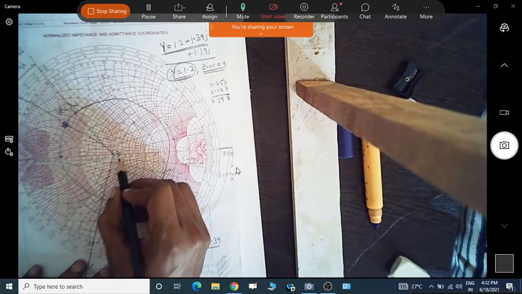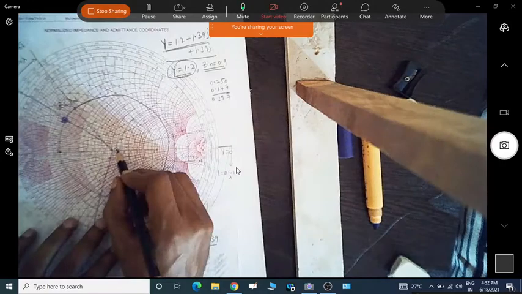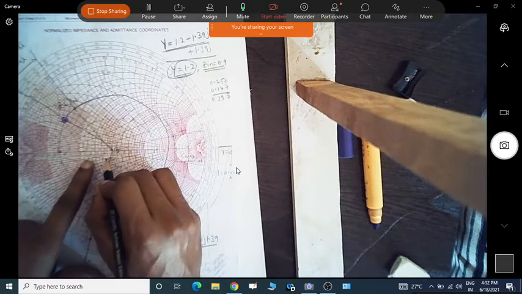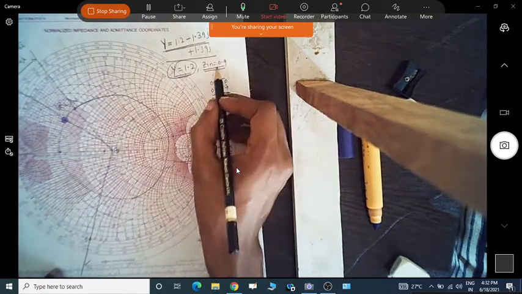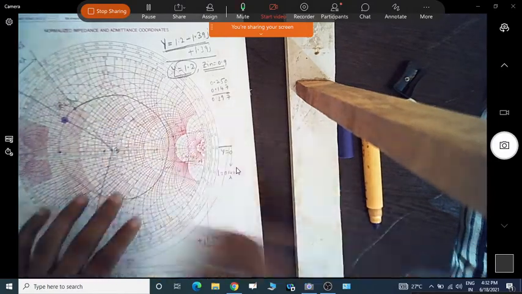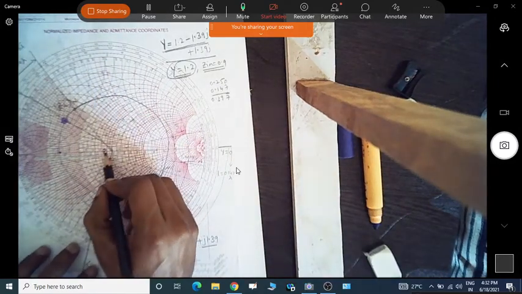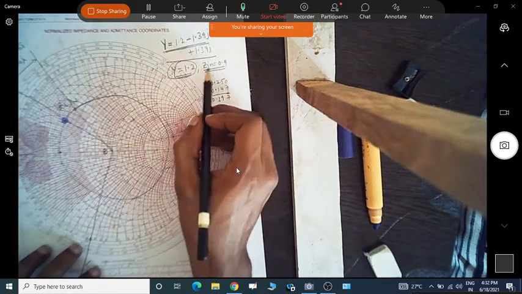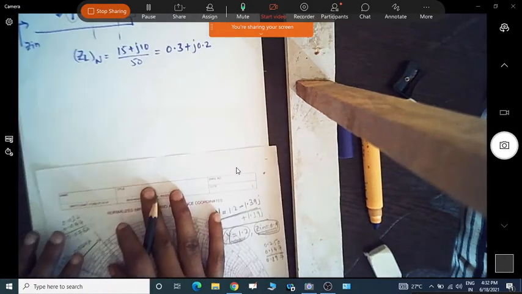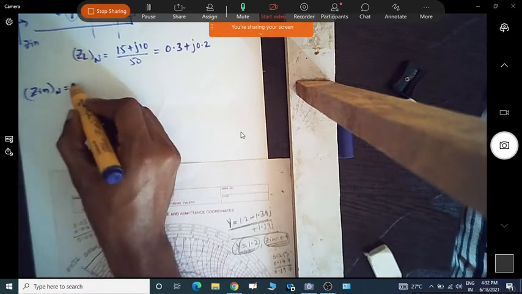So at this point the admittance is 1.2, sorry, the impedance value is 0.9 where we have the admittance value 1.2. This is not the point, here it is the point. So where we have the admittance value 1.2, at the same point the impedance value is 0.9. That is your normalized input impedance, which is equal to 0.9.